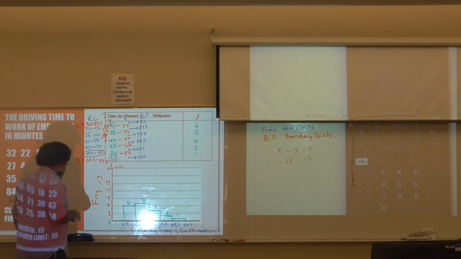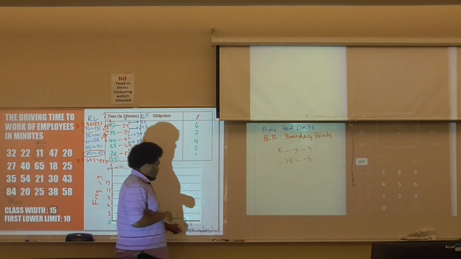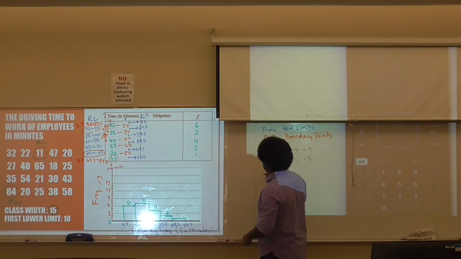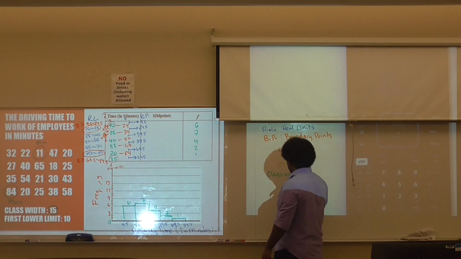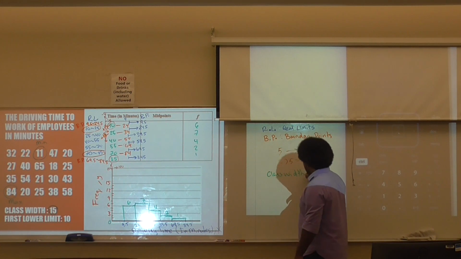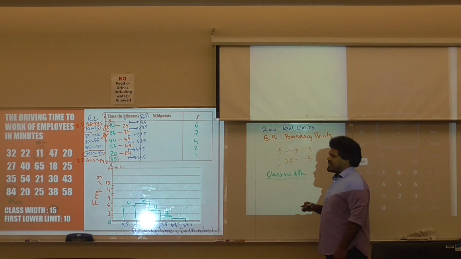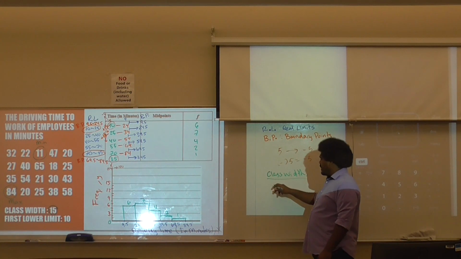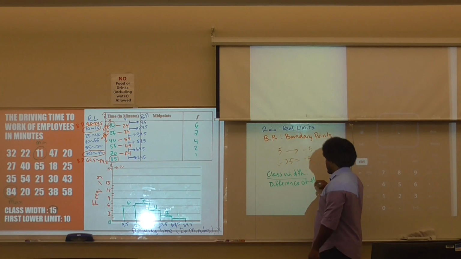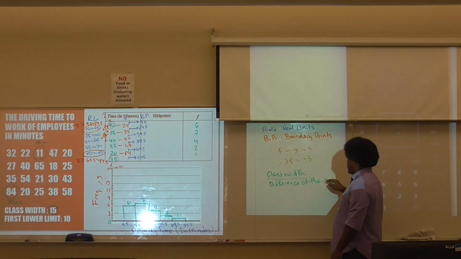But that's not that bad, because one thing we definitely know here is that interval size, or in this case, class width, is pretty much found by doing the difference of the consecutive real limits, or the real limits of the interval. That's what we're looking at. So it's pretty much the difference of the interval's real limit.